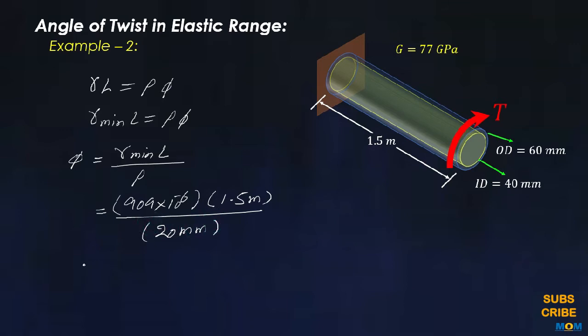So after solving this, we have the value of this phi, that is 68.2 into 10 raised power minus 3 radians.